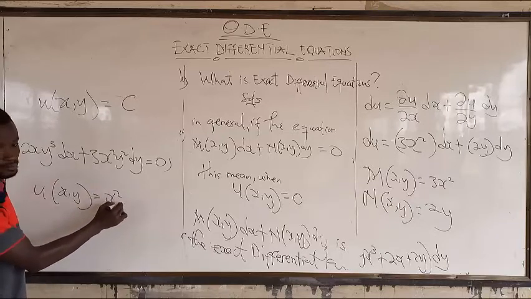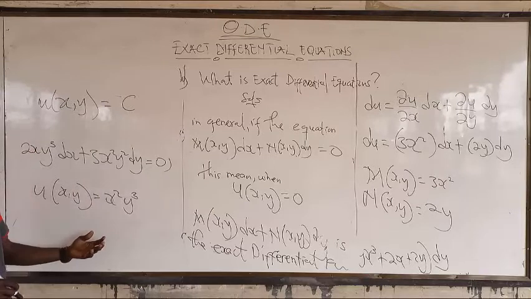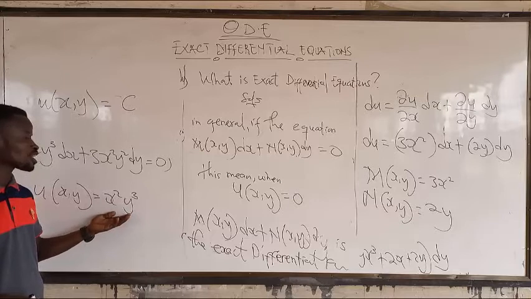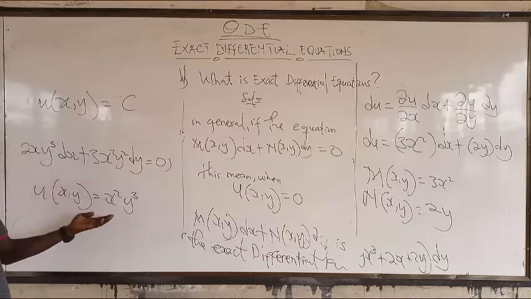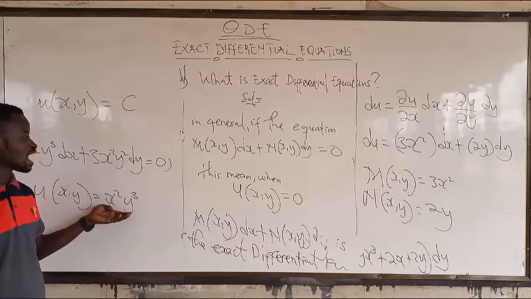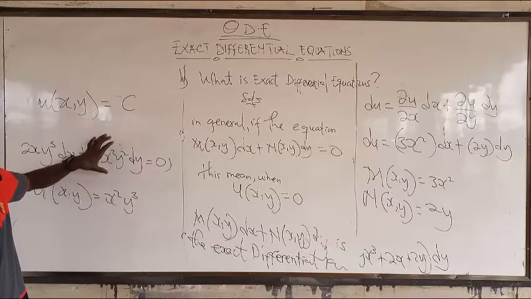x squared y cubed. What we are saying is that when you take the partial derivative of u with respect to x, you get this, and definitely you get that. And when you take the partial derivative of this with respect to y, you are going to also get this.